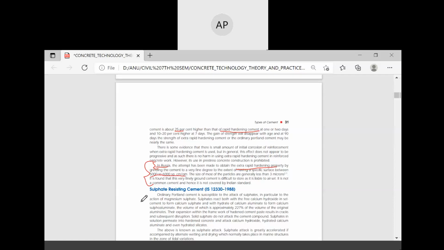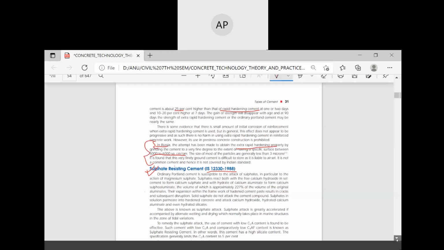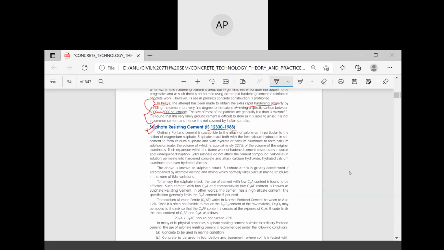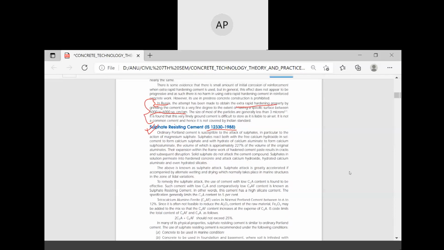Next is sulfate resisting cement, and the IS code which specifies this cement is IS 12330 1983. Sulfate resisting cement is that type of cement which resists the attack of sulfates.